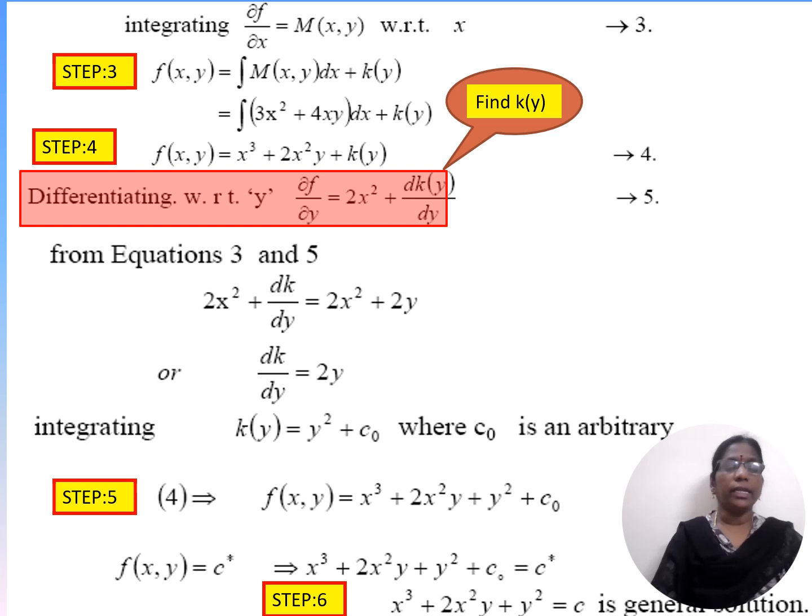Now integrating, you will get k(y) = y² + c₀, where c₀ is an arbitrary constant. Now the equation 4 implies f(x,y) = x³ + 2x²y + y² + c₀. That is, f(x,y) = c, which implies x³ + 2x²y + y² + c₀ = c'.